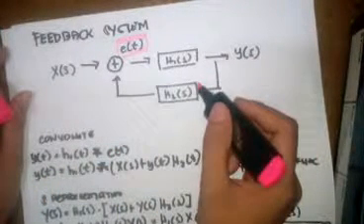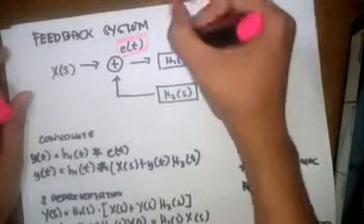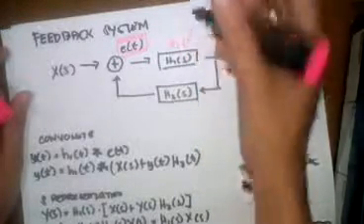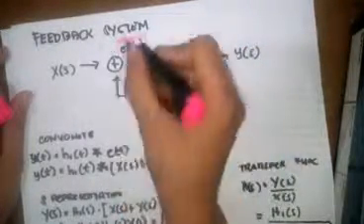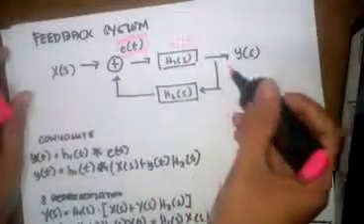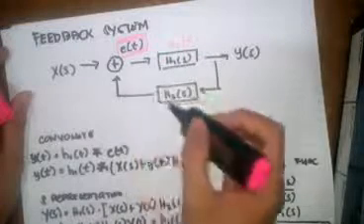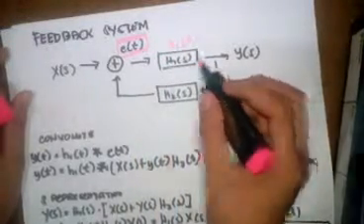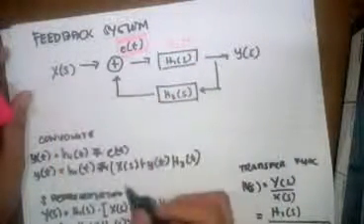h of 1 of t convoluted by E of t. And then E of t here represents the feedback. So basically E of t is x of t, rather. I mistook this.